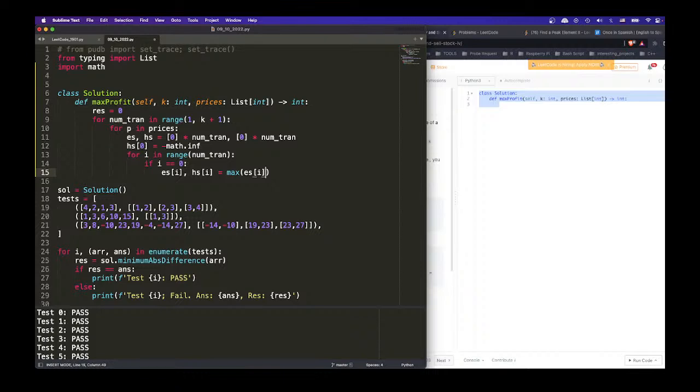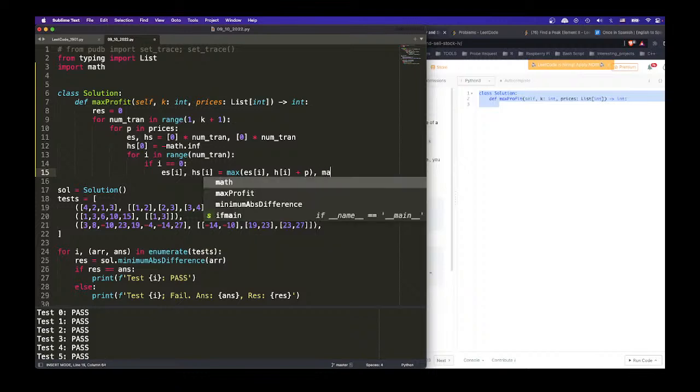How do we end at E? We end at E with do nothing, or we end at E with a transition from H. So it's actually going to be H[I] plus P. So we sell to end at this.